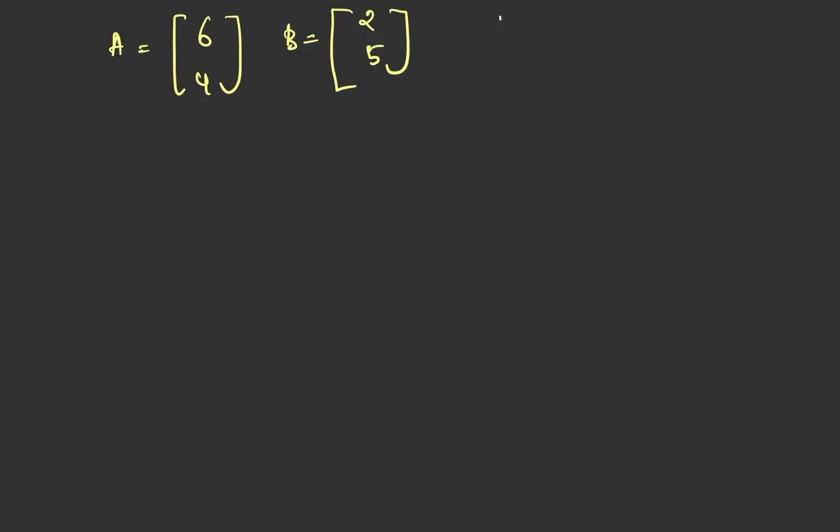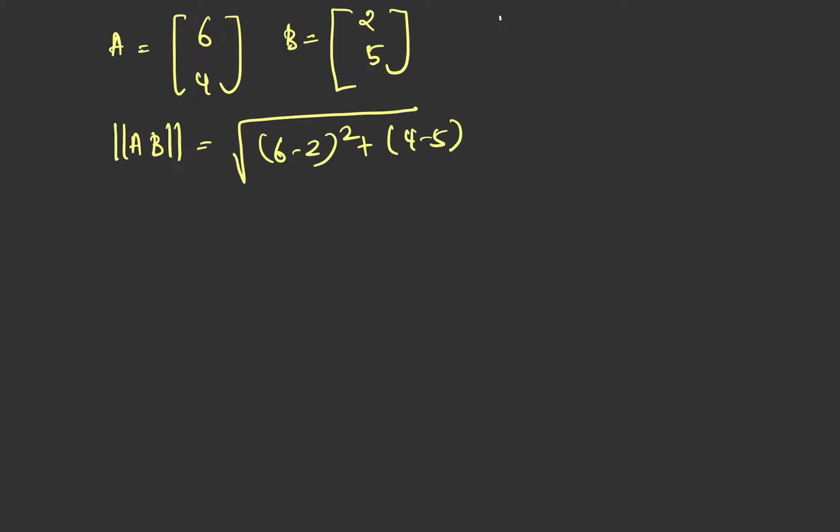So the Euclidean distance or the norm becomes the square root of 6 minus 2 the whole square plus 4 minus 5 the whole square, 16 plus 1, which is equal to root 17.